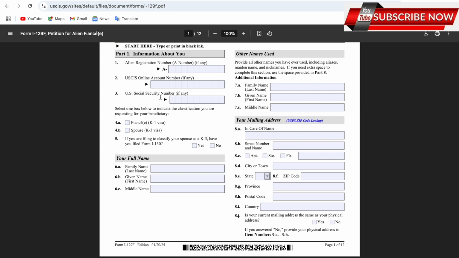So always remember this form, I-129F. It's only for K-1. If you click on the spouse, this is not a form for you. So if you are married, this is not a form for you. As you can see in question 5, it says if you are filing to classify your spouse as a K-3, have you filed form I-130?